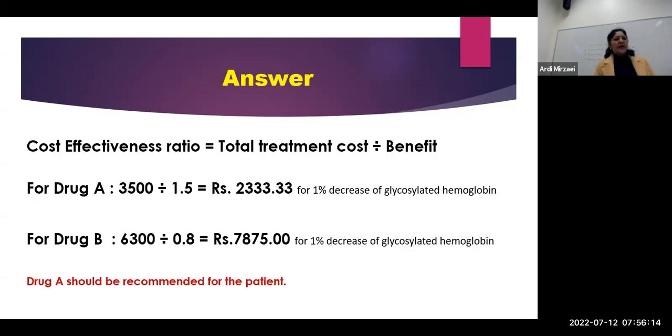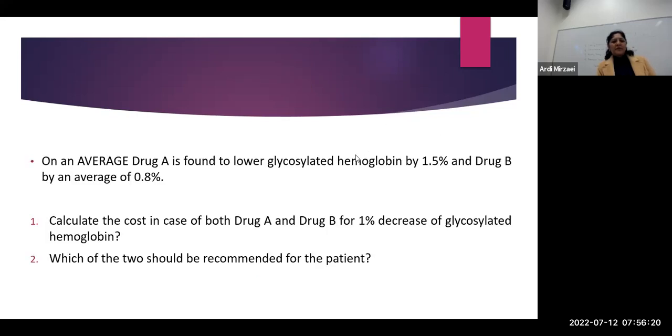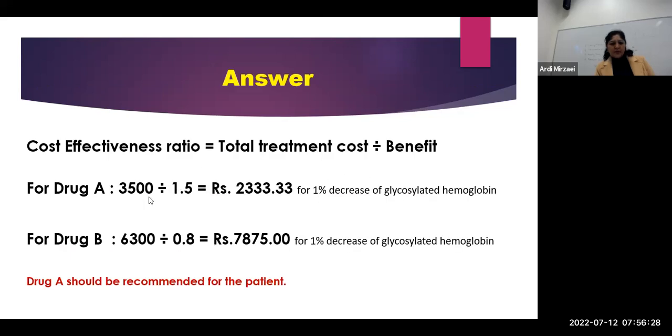So now this is the answer. For 1.5, see, drug A is found to lower by 1.5%. So for 1.5%, it is costing you 3,500. So for 1%, it is how much?